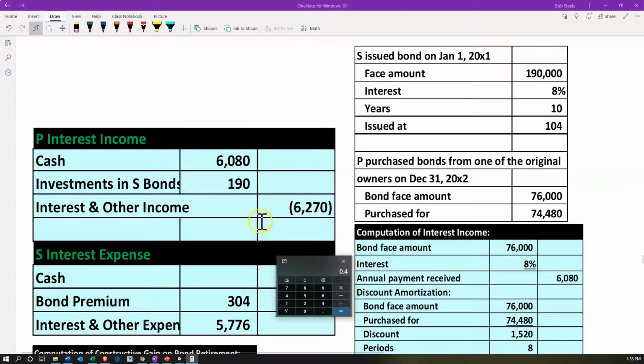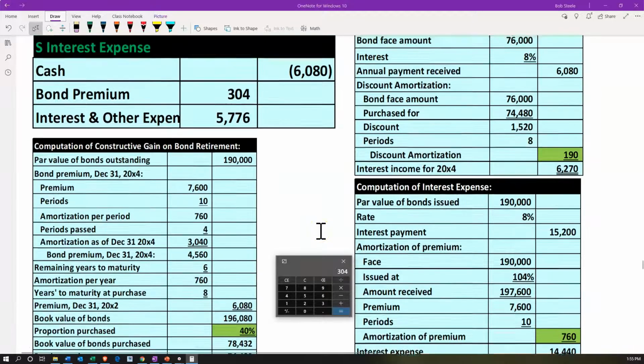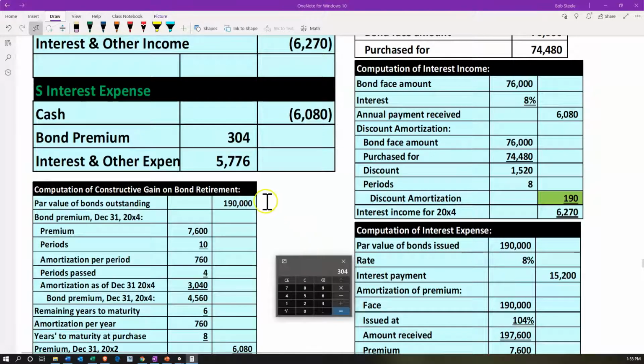That gives us the 40%. Now, if we multiply that times the normal premium, which is 760, that's going to give us the 304, or the intercompany portion of the premium. So there's the 304 on the premium, which would be a debit.